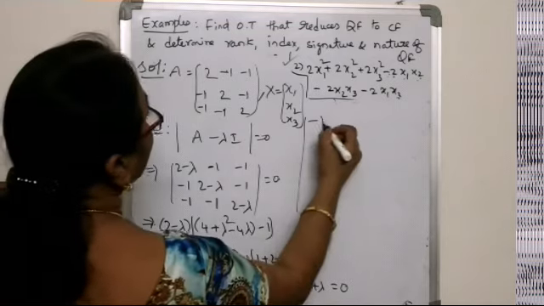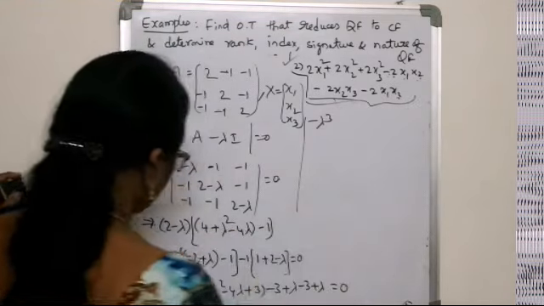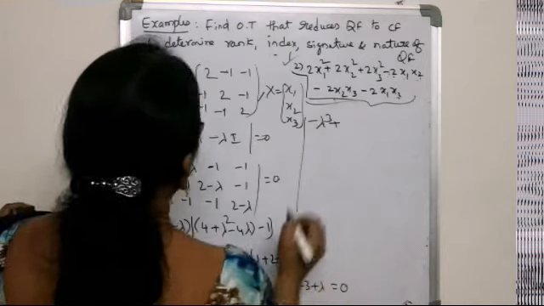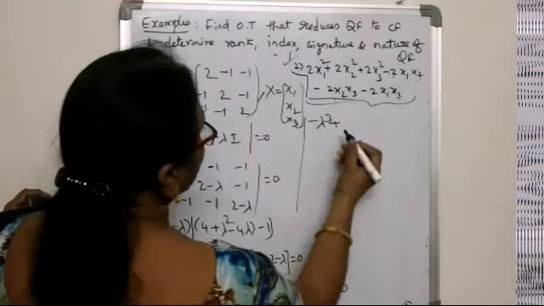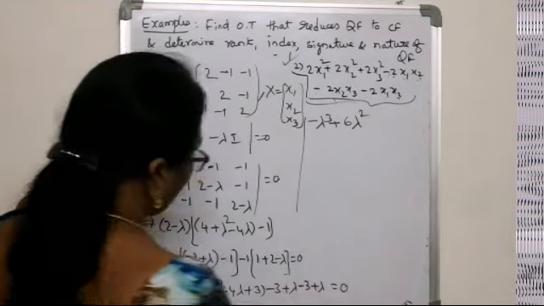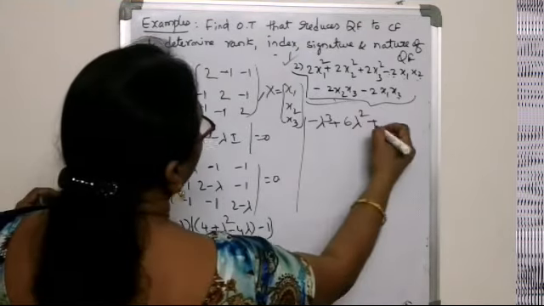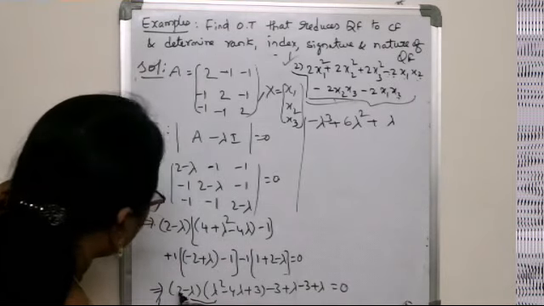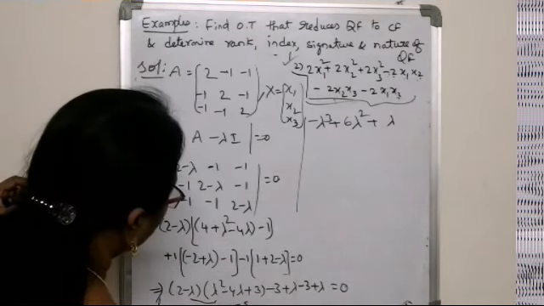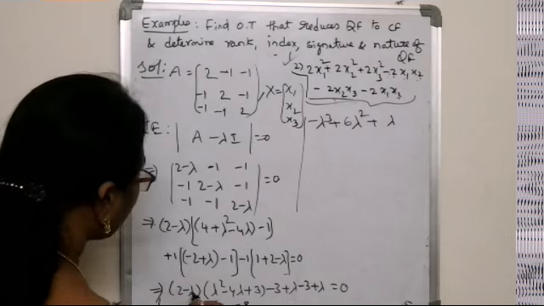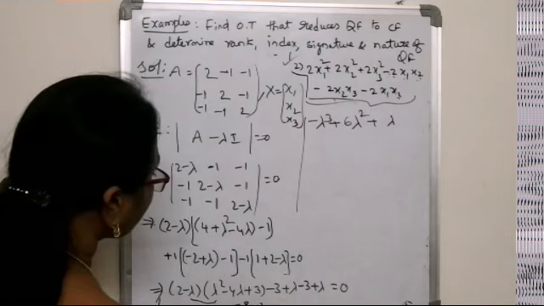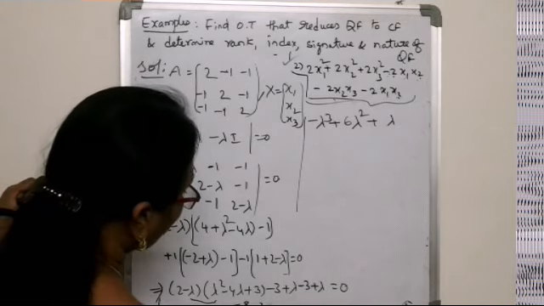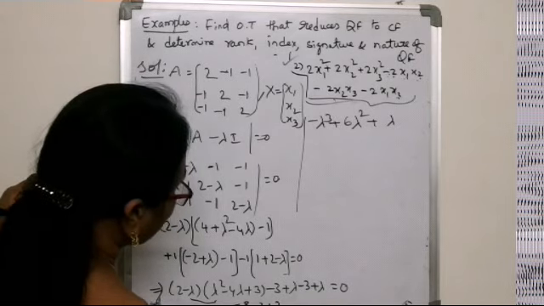And we get here minus lambda cube after simplification, plus the trace of the matrix is 3 2s are 6, so we have 6 lambda square. And the coefficient of lambda is, we have 2 into minus 4 lambda, we have minus 8 lambda, minus lambda into 3, we have minus 3. From here we have 2 lambda, so it becomes plus 2.